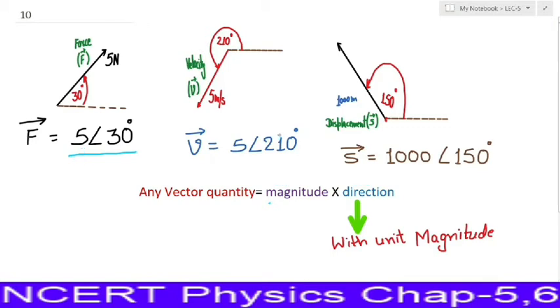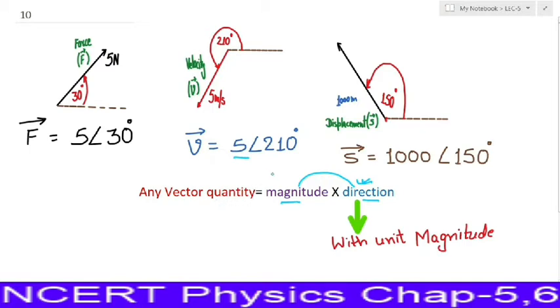Now we will write any vector quantity as a multiplication of these two, that is, magnitude multiplied by direction. Now if you have already written the magnitude here, then this direction term should not contribute any magnitude, because if this direction term also contributes magnitude, then on multiplication the overall magnitude will change, which we don't want.